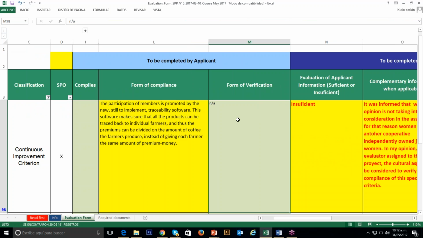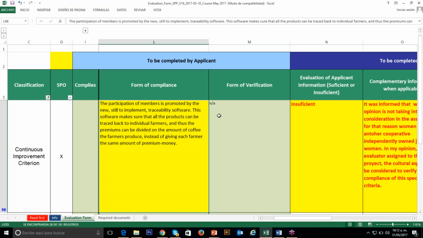Well, this is not applicable. This information was written by the applicant, by the cooperative, not by me. At Sopakdi it is applicable.